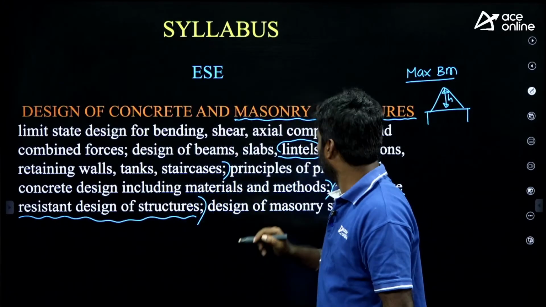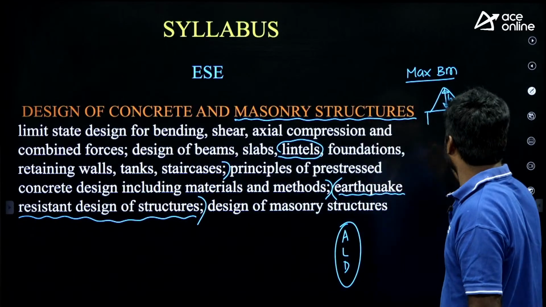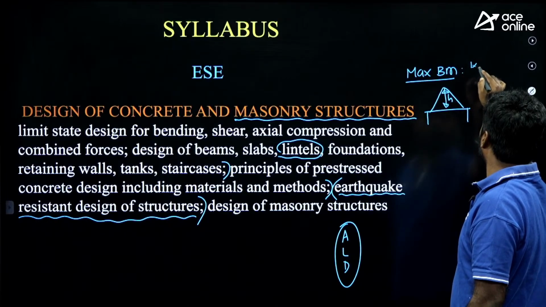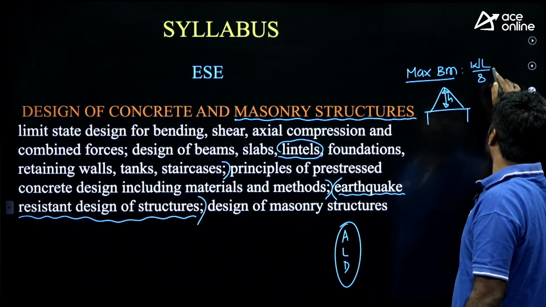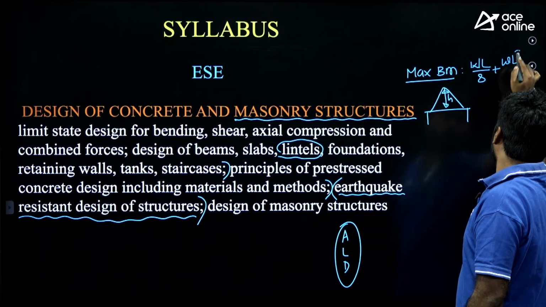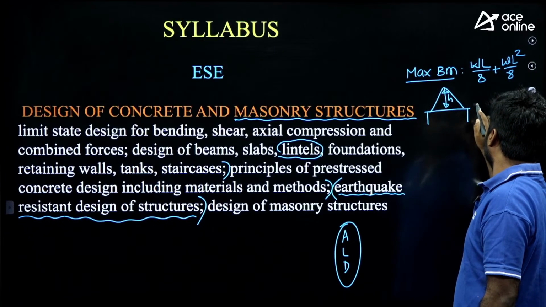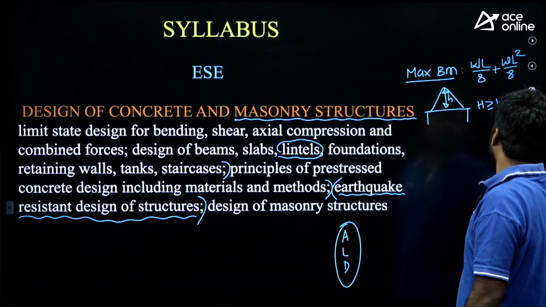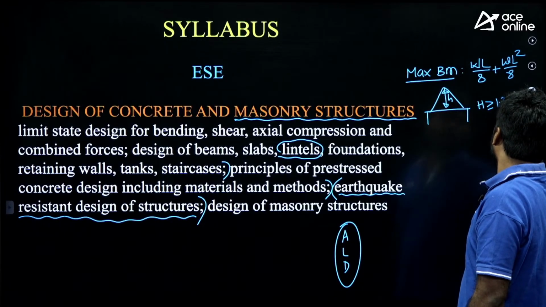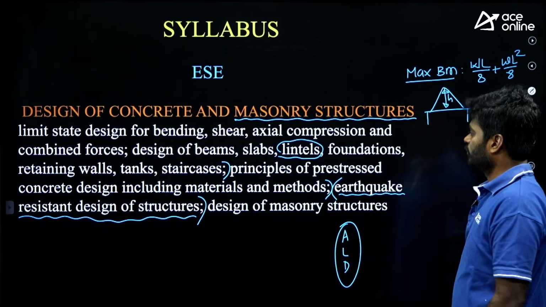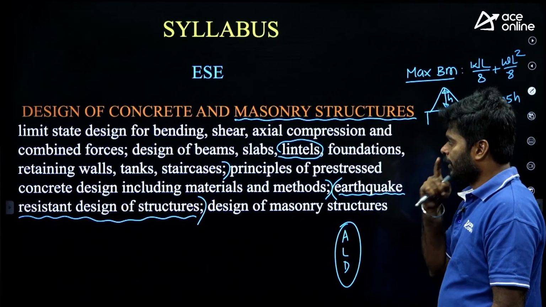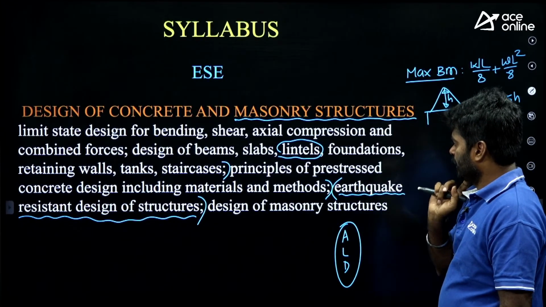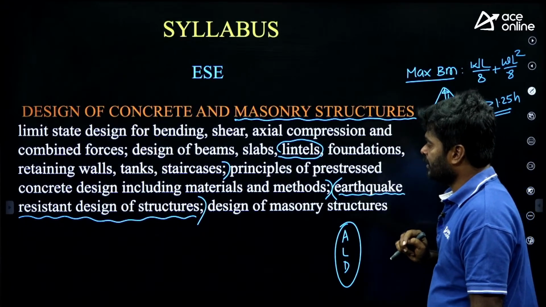Mostly these 2 questions, there is a chance to ask: WL by 8 plus WL square upon 8. This is the maximum bending moment. Arch action is possible if H is greater than or equal to 1.25 times small h. Okay, right? Fine. Coming to the next one, tanks.